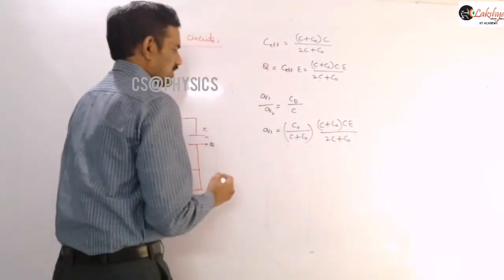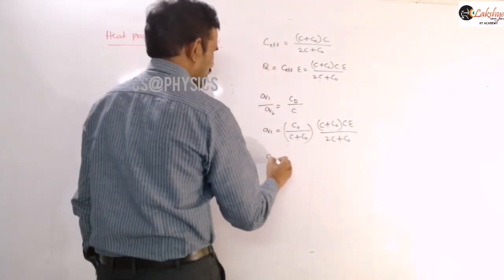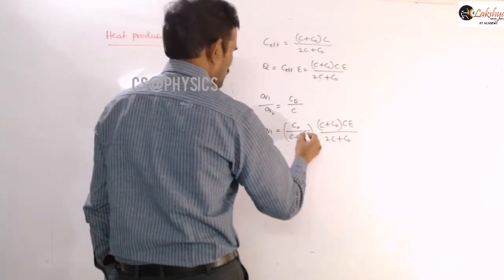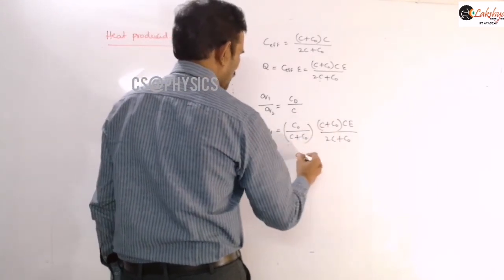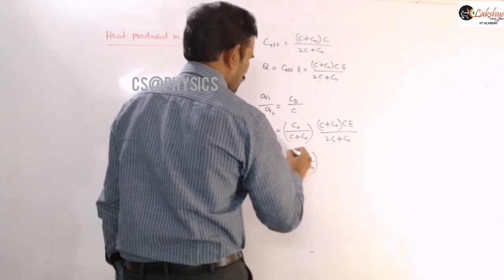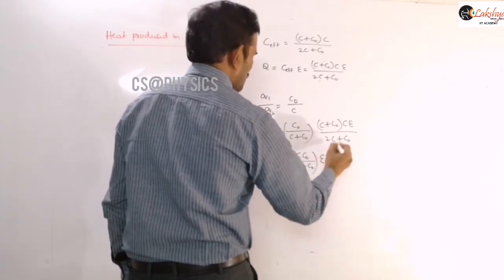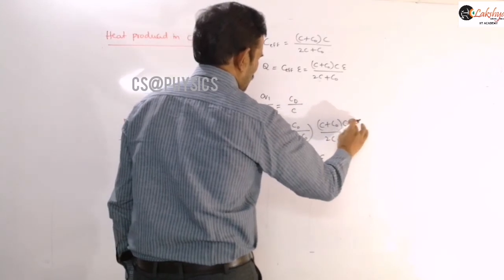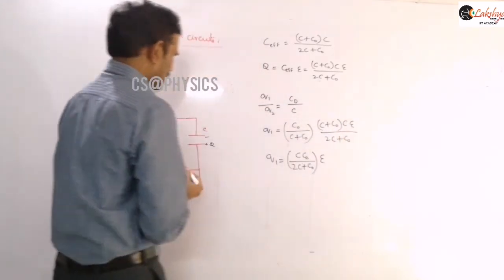Finally the C plus C0 cancels, and Q1 is equal to C C0 by 2C plus C0 into E. So that is the charge present on the C0 capacitor here.